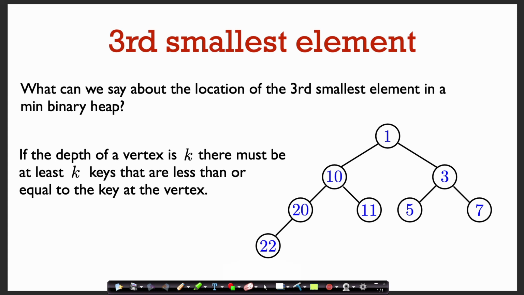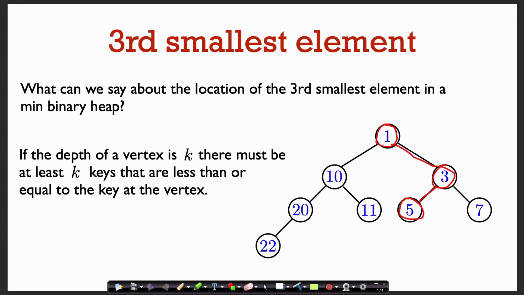Because a node at depth 2, say like this one, is going to have a parent, and that parent has to be less than or equal to this node. And then this node is also going to have a parent, in this case the root, and that's also going to be less than or equal to this node.